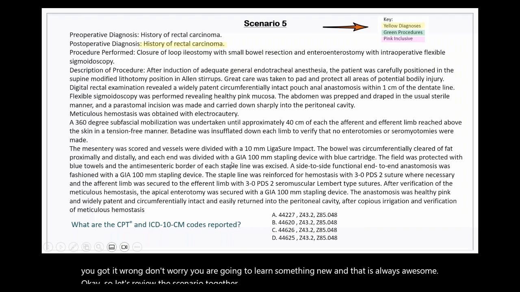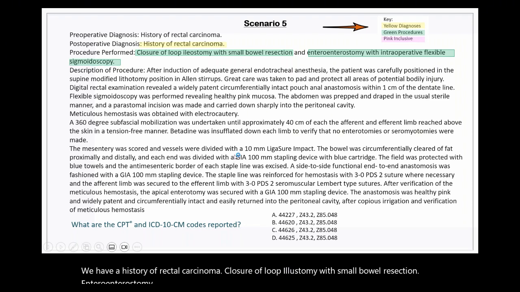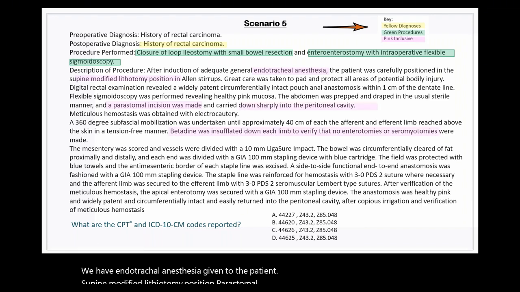We have a history of rectal carcinoma, closure of loop ileostomy with small bowel resection, enteroenterostomy with intraoperative flexible sigmoidoscopy. That's the procedure performed. We have endotracheal anesthesia given to the patient, supine modified lithotomy position, a parastomal incision was made, carried down sharply into the peritoneal cavity, betadine was insufflated down each limb to verify no enterotomies or seromyotomies.